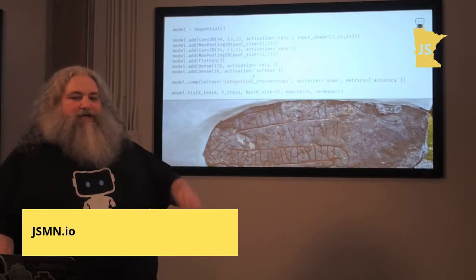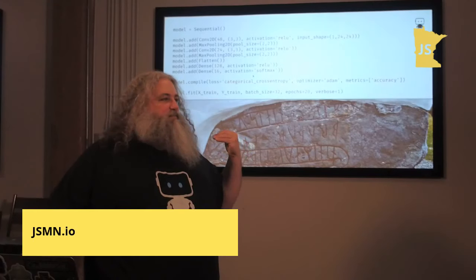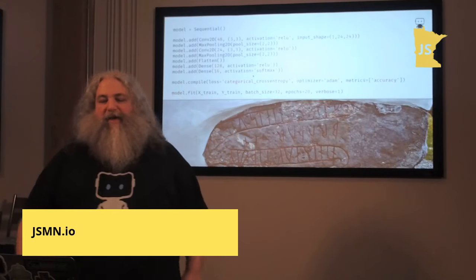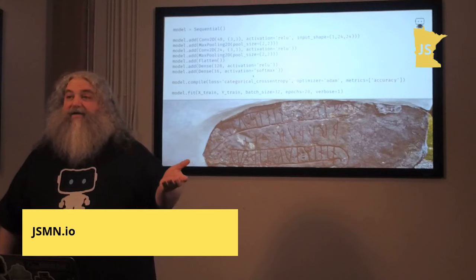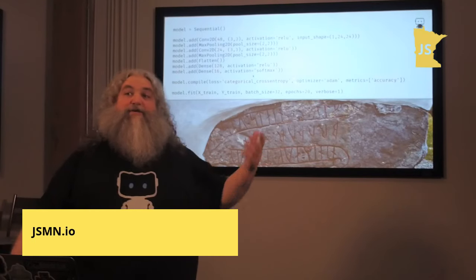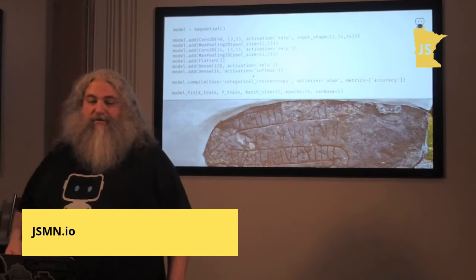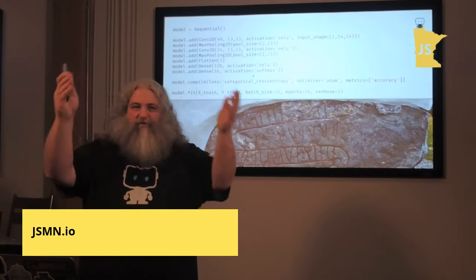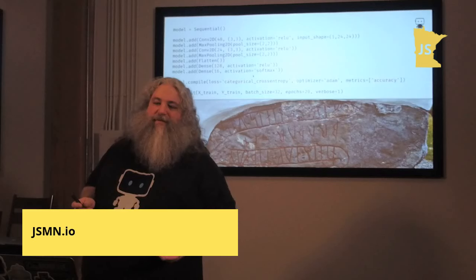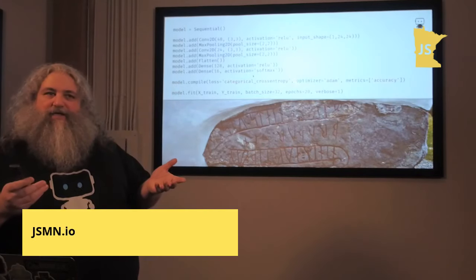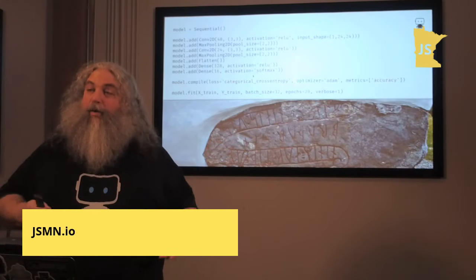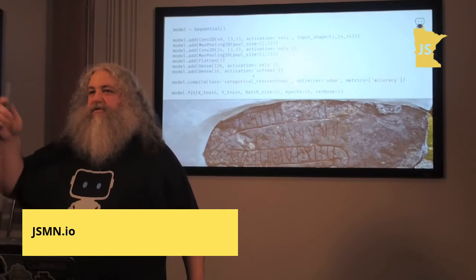Once I've compiled that model, then I can actually train it by calling fit. And I pass in my training data. X_train is all the images. Y_train is all the labels for those images. The images being that 2-dimensional array of bytes that represents the actual image. Y being this image is this rune.